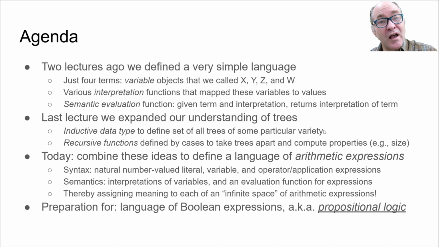And finally, we wrote an evaluation function that takes as its arguments a term, a variable like x or y or z or w, and an interpretation function that, given any term, returns its value in the corresponding semantic domain, and where this evaluation function then returns the semantic value of the given term, and it does it by just applying the interpretation function to that term and returning the result of evaluating that application expression in Lean.